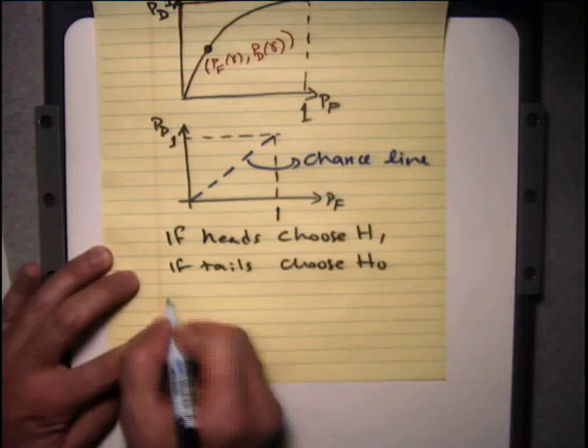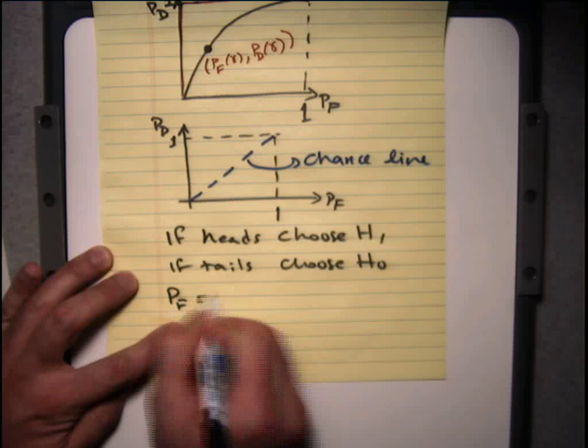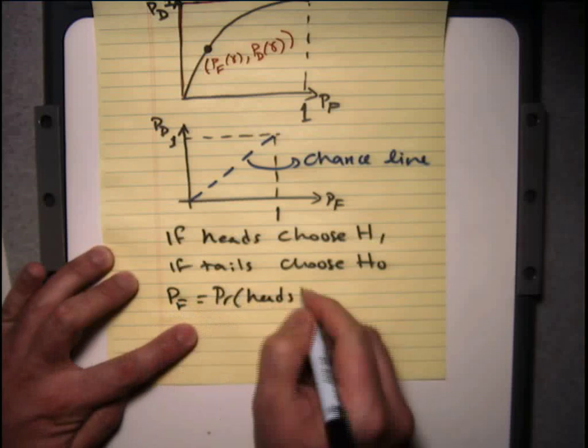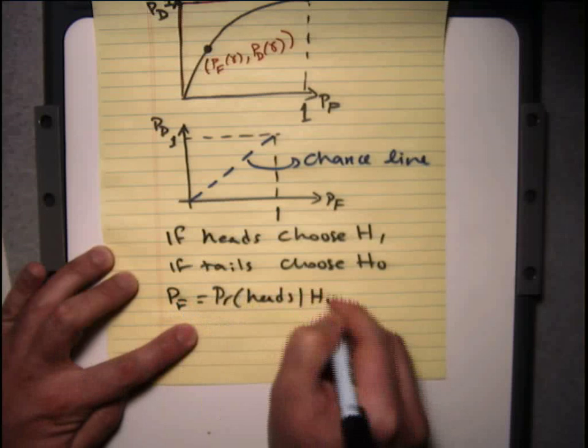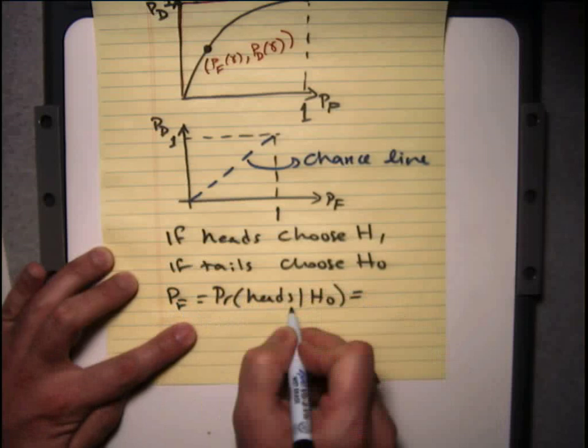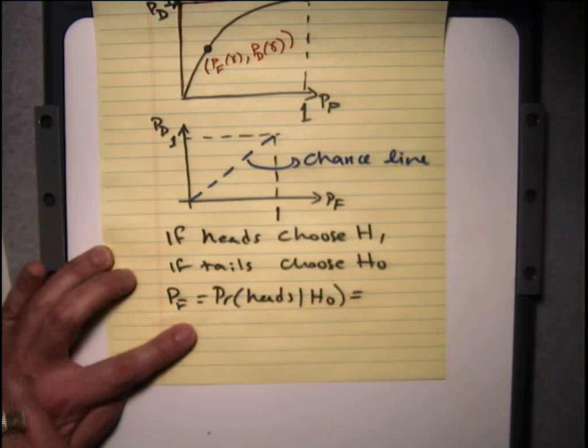Okay? What's the probability of getting heads under H0? Well, the probability of getting heads is independent of H0. Right? It's got nothing to do with H0. It's just a coin you're tossing. Right?